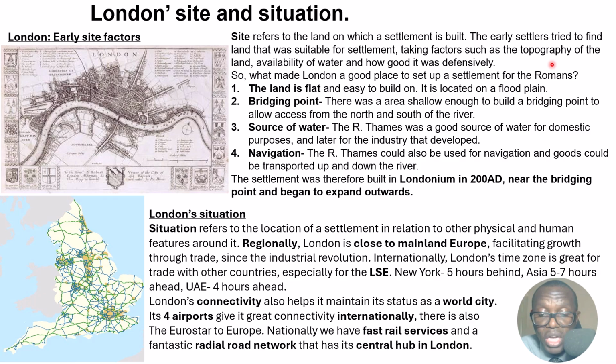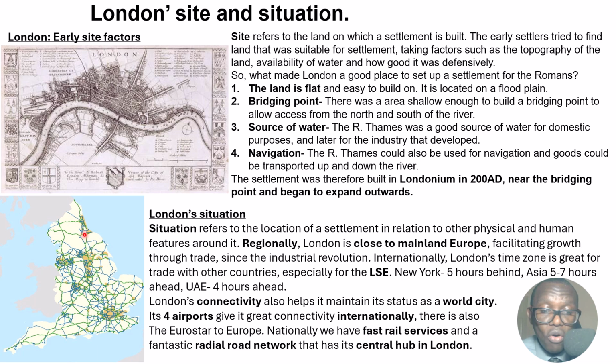And then nationally, we also have very fast rail services and a fantastic radial road network that has its central hub in London. As you can see on the map below this site factors map, we have that radial road network being shown here.